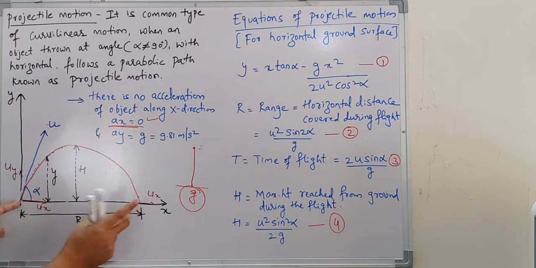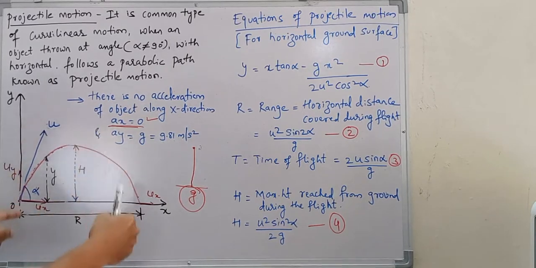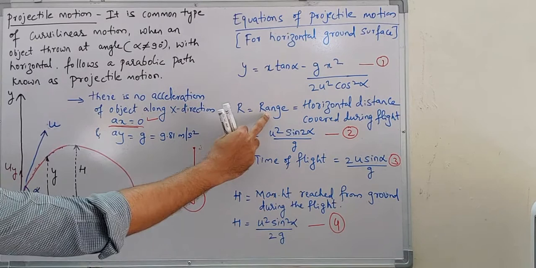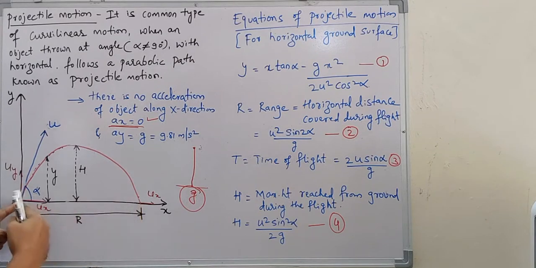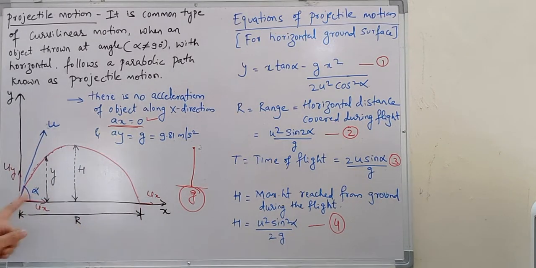The horizontal projected distance of this parabolic path is what we call range. This distance is the horizontal distance, or x distance, covered by the particle during its entire flight, which we represent by R and call range.